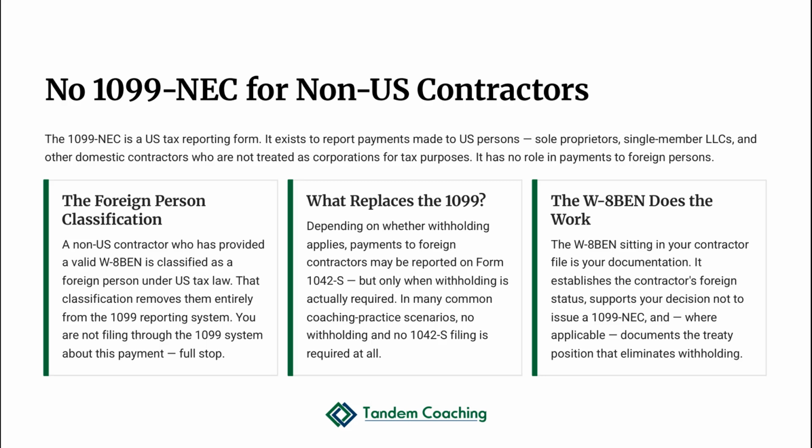You are not filing through the 1099 system about this payment at all. The W-8BEN is the documentation that you are correct not to issue a 1099 NEC, which is why the form has to be in the file before the first payment goes out, and why mid-cycle retrofit on international contractors is just as important as on US contractors.